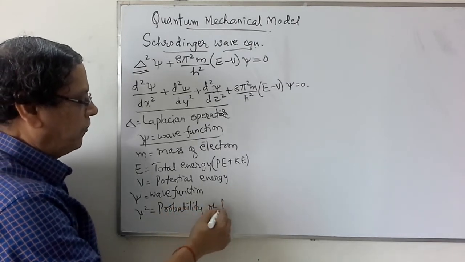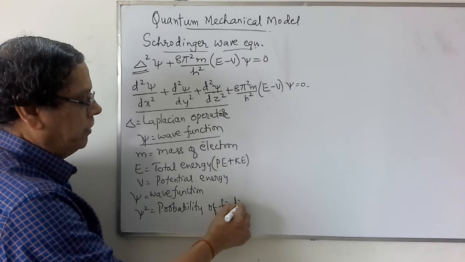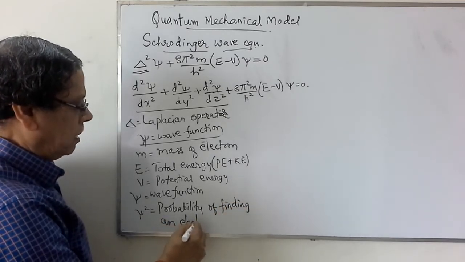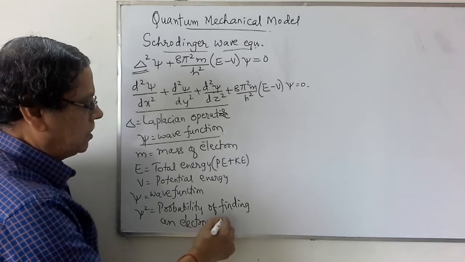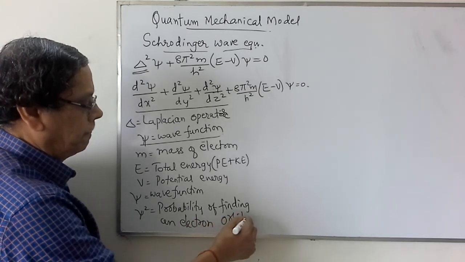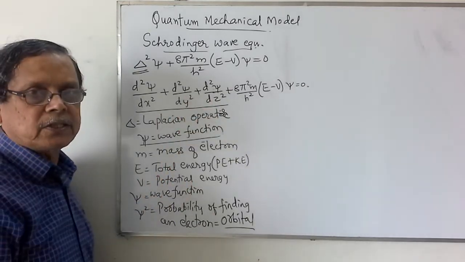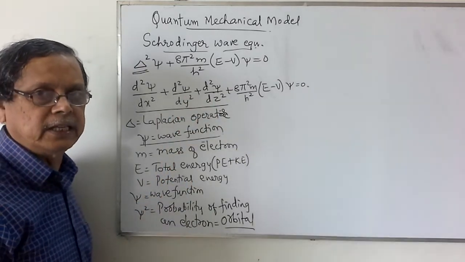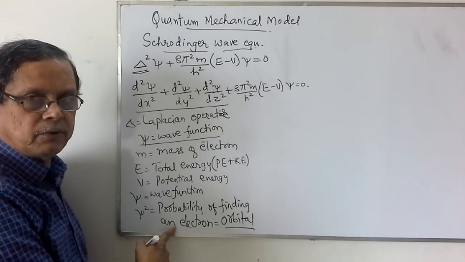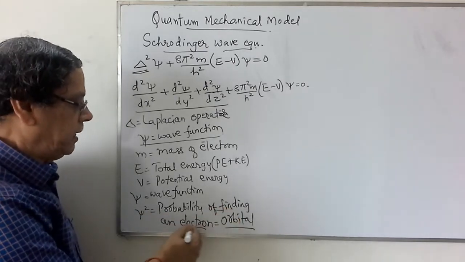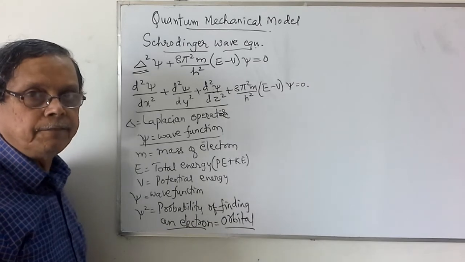This we call an orbital. When we find the solution for various x, y, z axis directions, we get various values. So this psi square gives the probability of finding the electron, that is called the orbital.